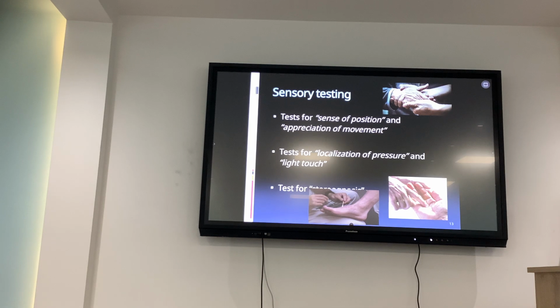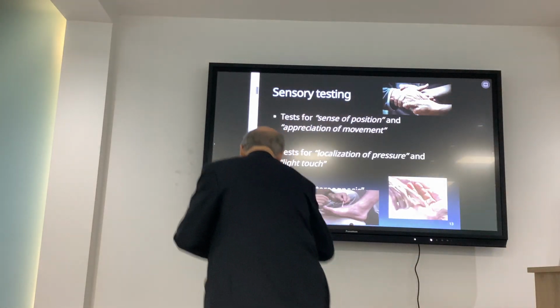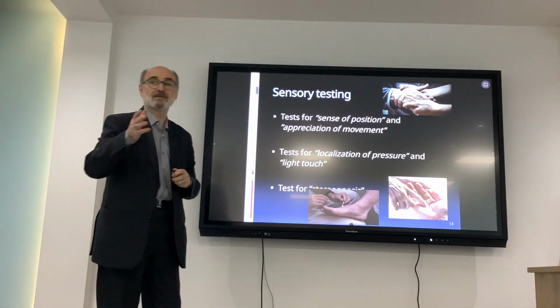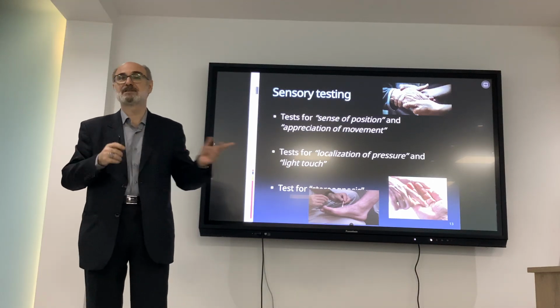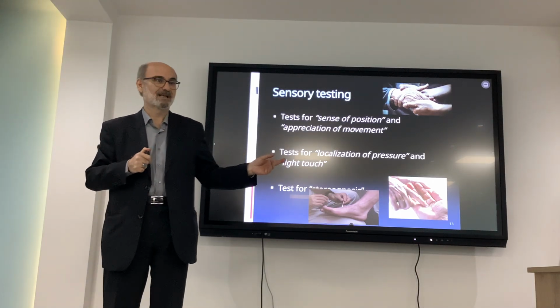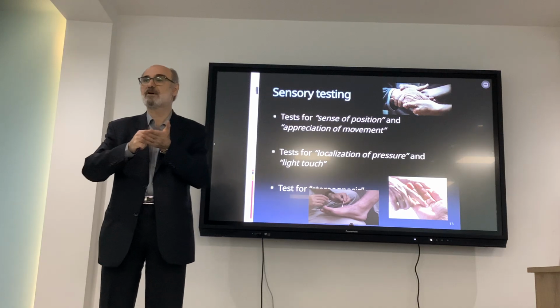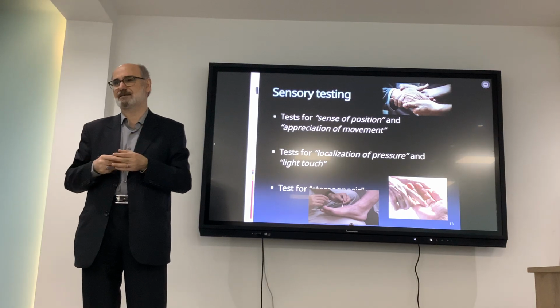Normally he has no problem and can identify the object. But people with stroke, again, most of them cannot recognize the object with the test of stereognosis. Therefore, they suffer from astereognosis.